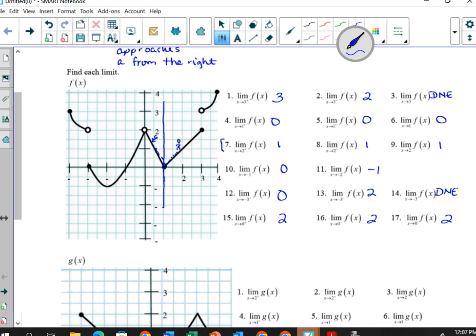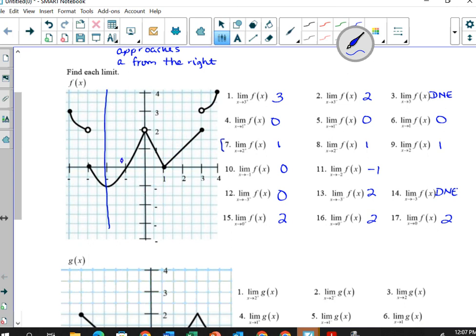Questions? Give me one you want me to go over. 11. Okay, so as x approaches -2, let me draw my wall over here at -2. It doesn't say from the right or from the left, so that means I have to look at both.